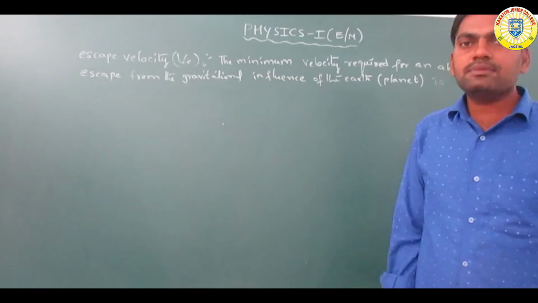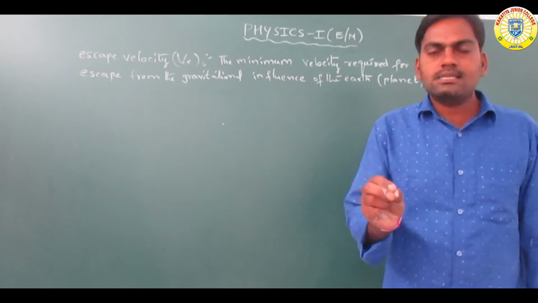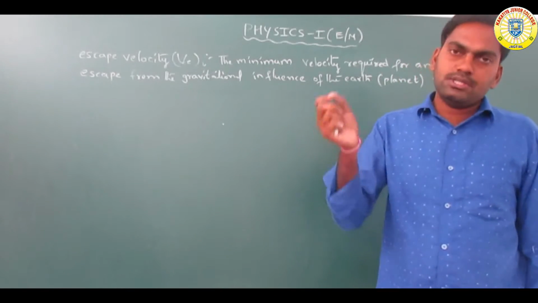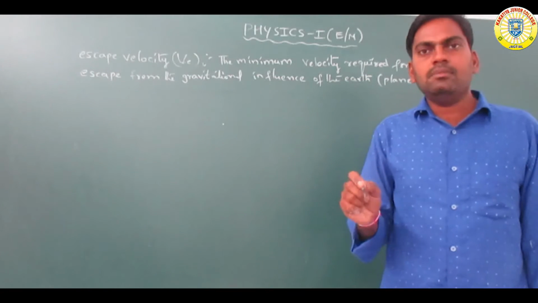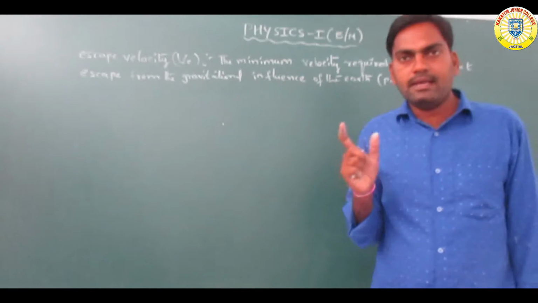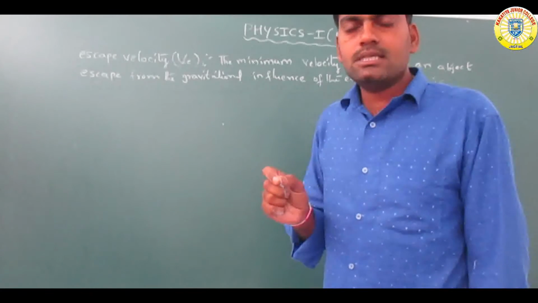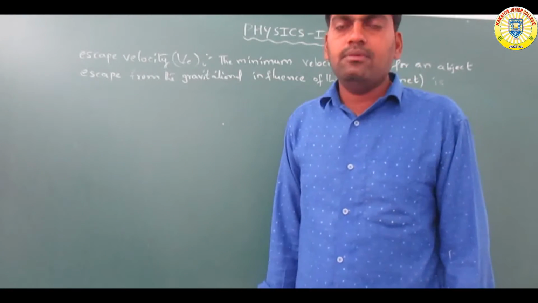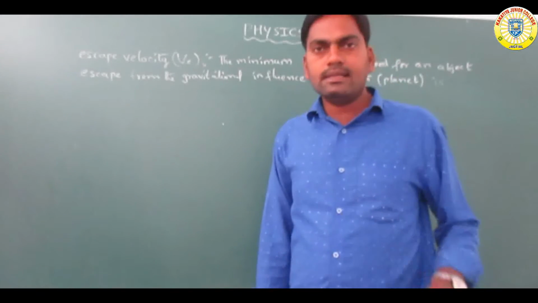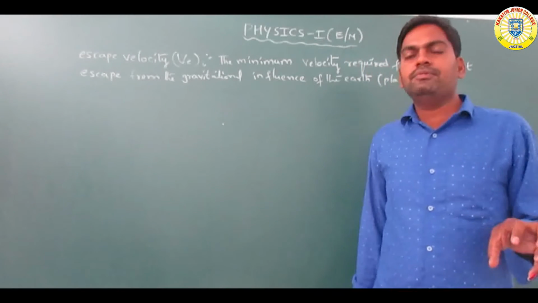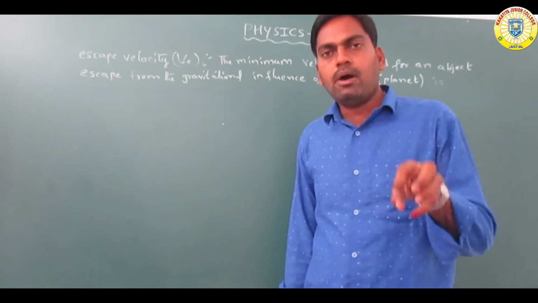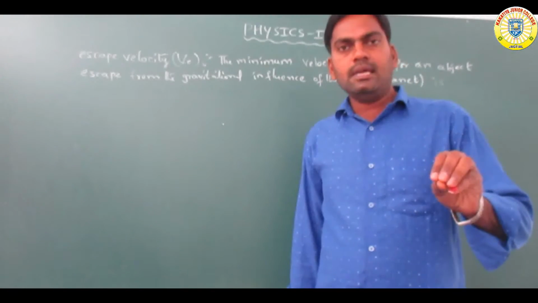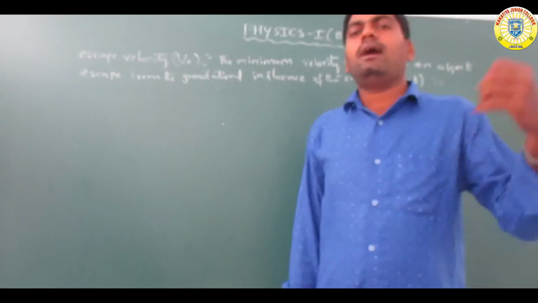What is meant by escape velocity? It is the velocity required for an object or satellite to escape from gravitational influence. That means Earth యొక్క ఫీల్డ్ నుంచి, ఎర్త్ యొక్క ఇన్ఫ్లుయెన్స్ నుంచి అది ఎస్కేప్ అవుతుంది.